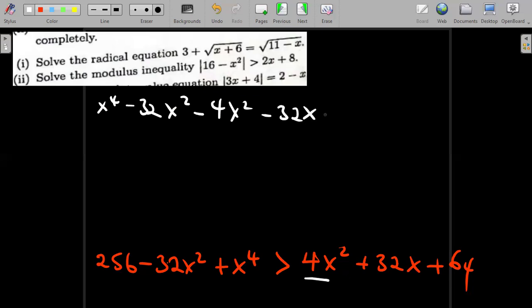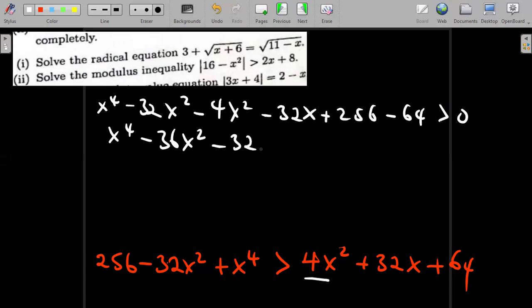Then I have plus 256 minus 64, and this has to be greater than 0. Then when I simplify this, I get x to the power 4 minus 36x squared, then minus 32x like this, and plus 192 is greater than 0.